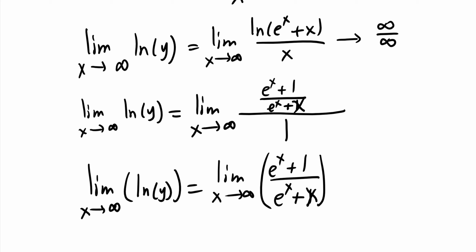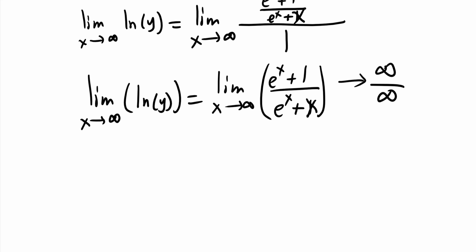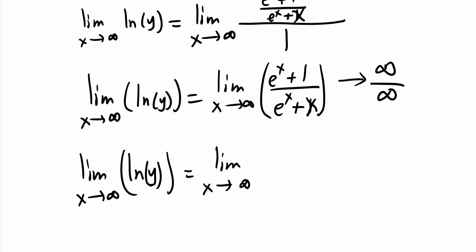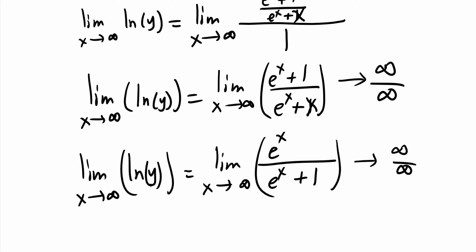So if we plug this in, what do we get? We get infinity on the top over infinity plus infinity, infinity. So another indeterminate form. We keep the left-hand side the same, equals the limit as x approaches infinity of e^x over e^x + 1. And guess what? Again, infinity over infinity.